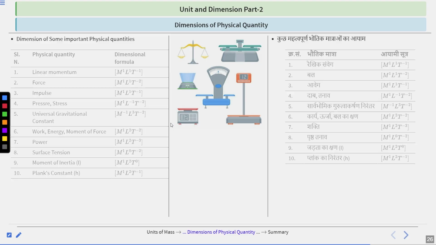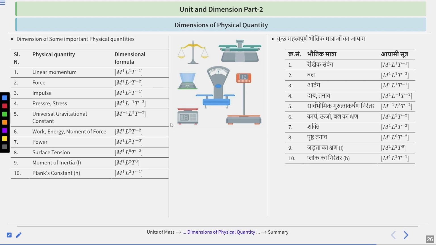Dimensions of some important physical quantities. For linear momentum, the dimension formula is in front of this. Force, this one. Impulse, this one. Pressure or stress, this one. Universal gravitational constant, this one. Work, energy, moment of force, this one. Power, this one. Surface tension, this one.